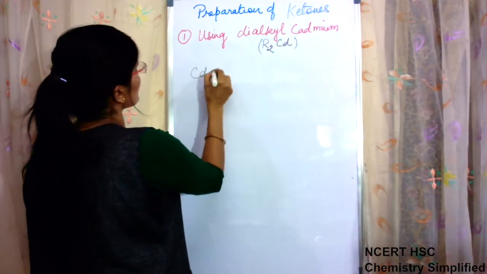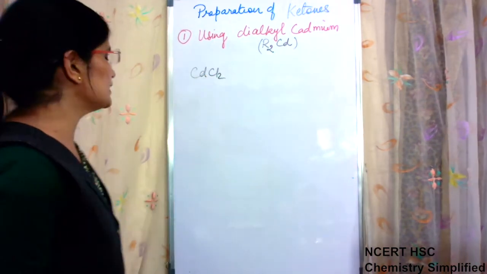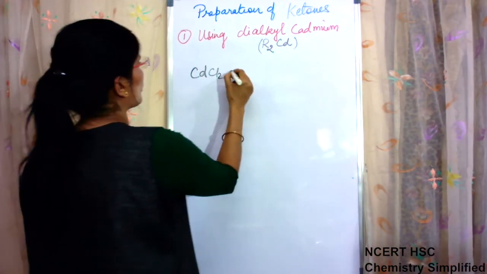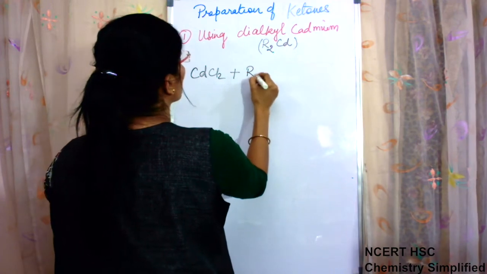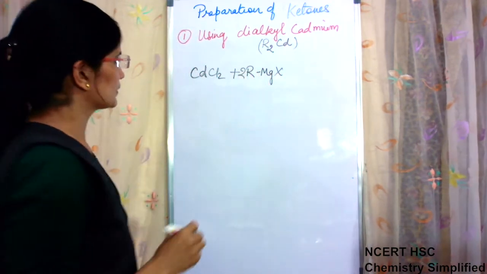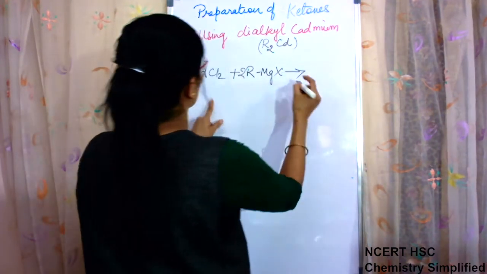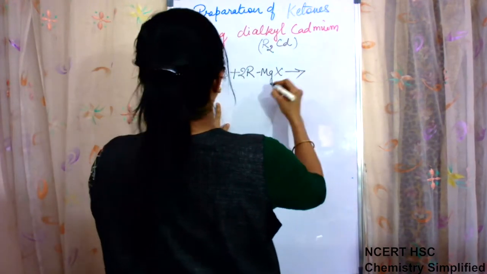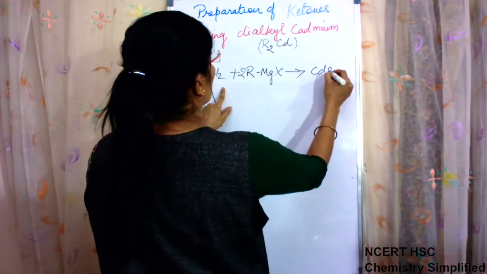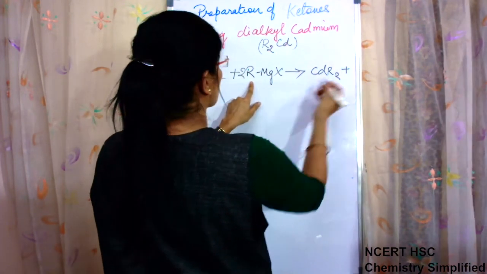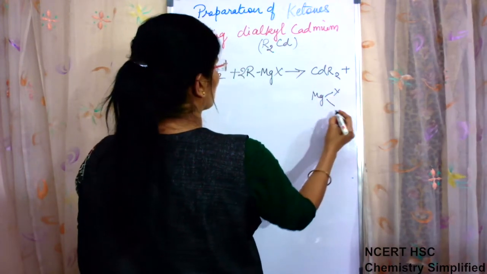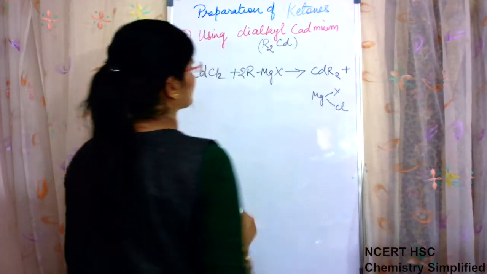From CdCl2, cadmium chloride, which is a stable compound. Using this compound, when we use Grignard reagent RMgX, okay, then this will form CdR2 plus MgX and Cl.